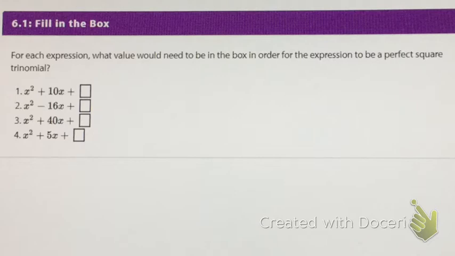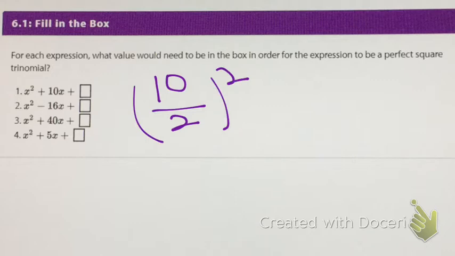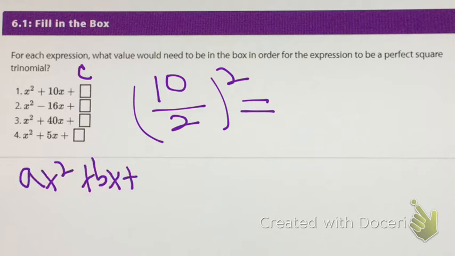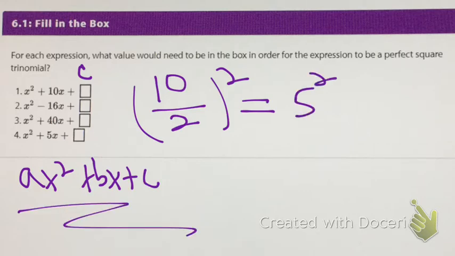A little warm-up. If you remember these perfect squares, you take the 10, you divide it by 2, and then you square it to get that perfect c, as we call it, in the ax squared plus bx plus c world of quadratics. So 10 divided by 2 is 5 squared, and that means we're looking at, for that first one, 25.